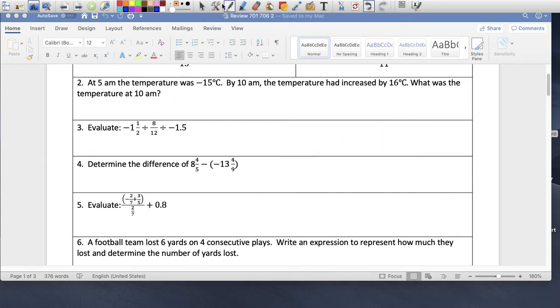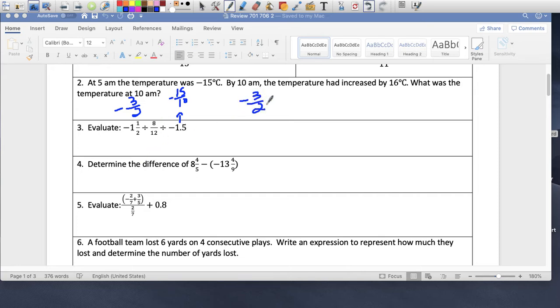For these problems, and do I have my decimal calculator? I like the calculator before, but I'm going to do this by hand. So I change this to 2 times 1 is 2, so negative 3 over 2. And I'm going to change this guy to negative 15 over 10. So I'm going to write it out.